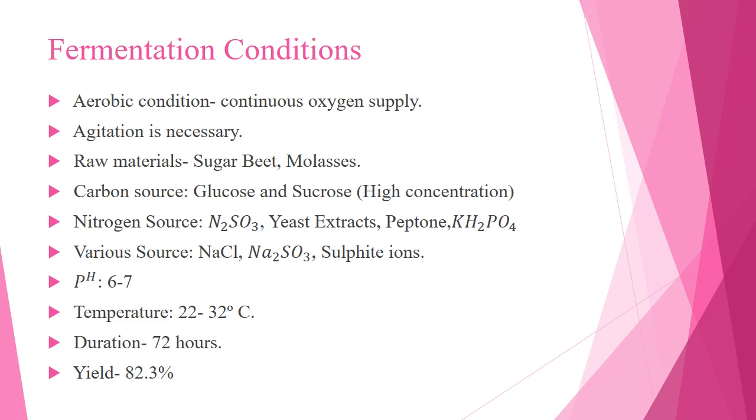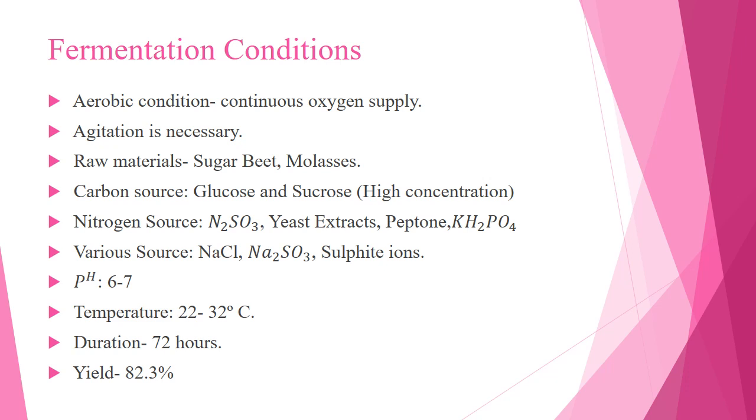The optimization of the best fermentation conditions for the production of glycerol. Continuous oxygen supply and agitation are necessary. Raw materials such as sugar beet molasses. Carbon sources include glucose and sucrose in higher concentration, because the osmotolerant yeast is going to carry out the process.